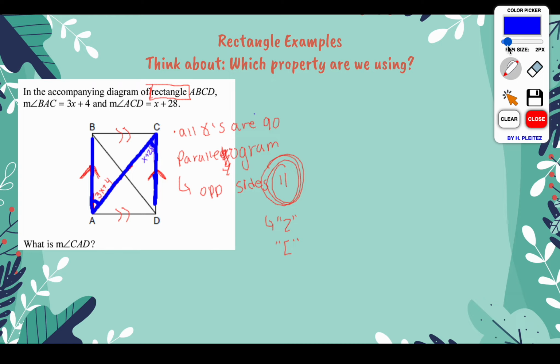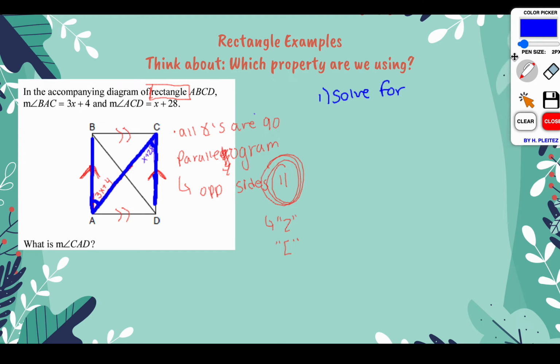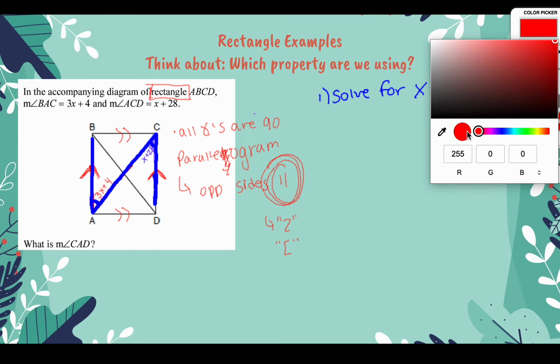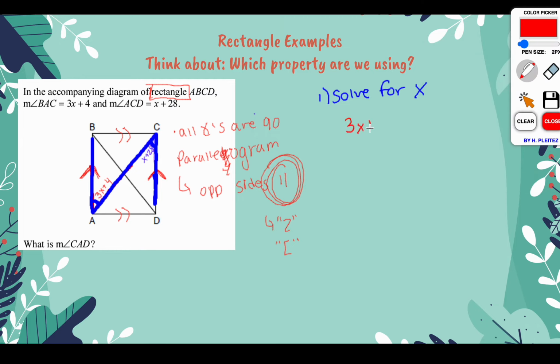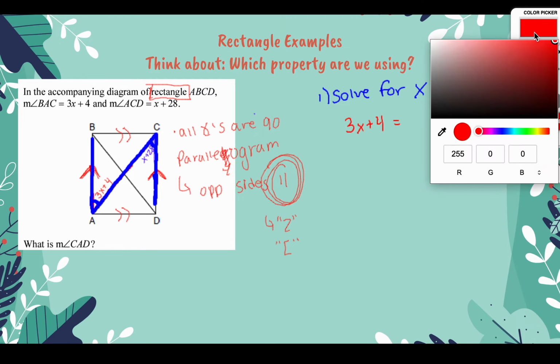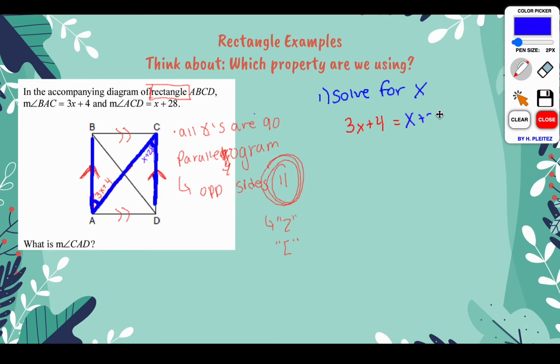So our first step is to solve for x, but what property am I using to make an equation to help me solve for x? We know that our alternate interior angles are congruent. Congruent is just another word for equal, so my red angle, 3x plus 4, should be equal to the other angle, x plus 28.